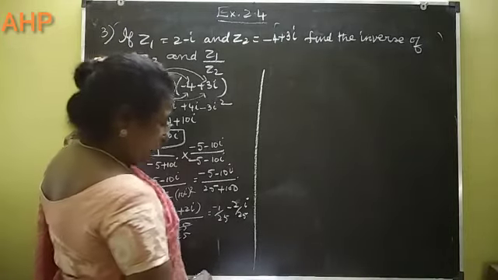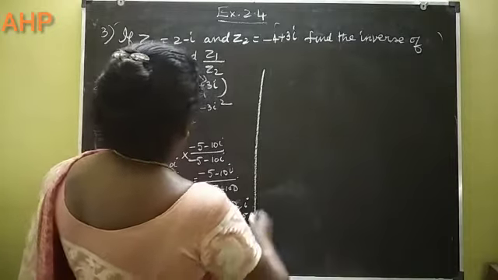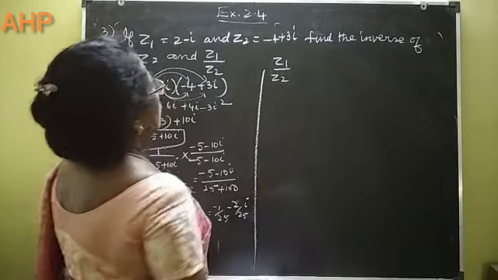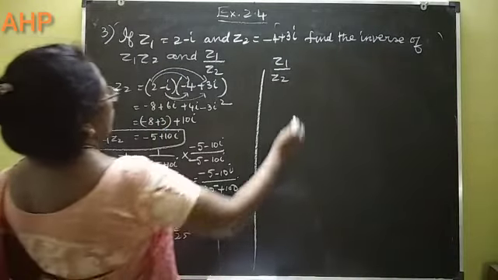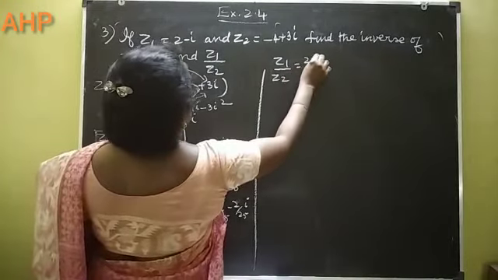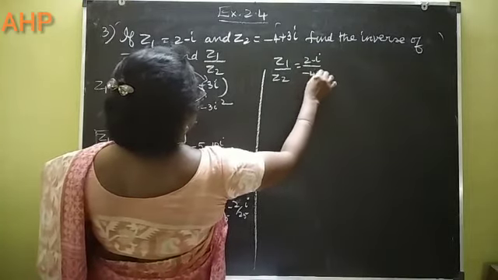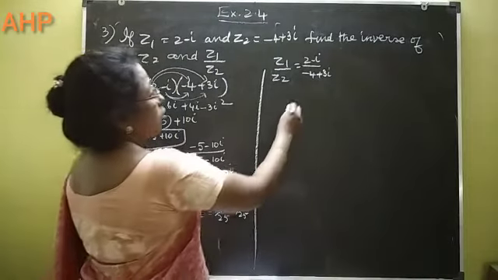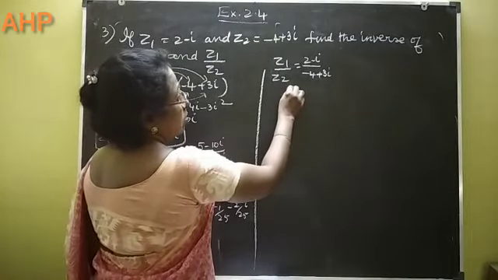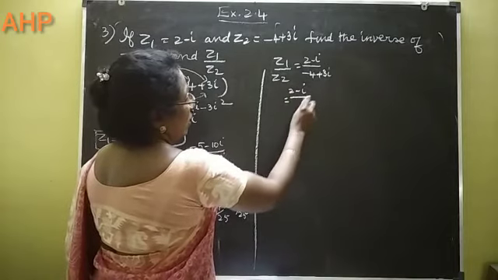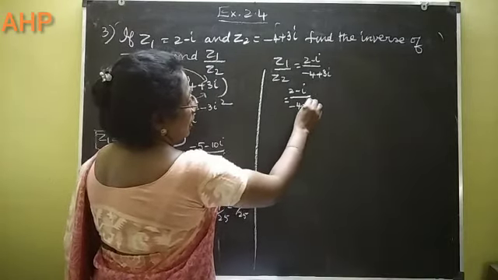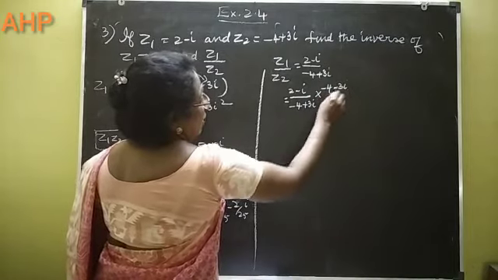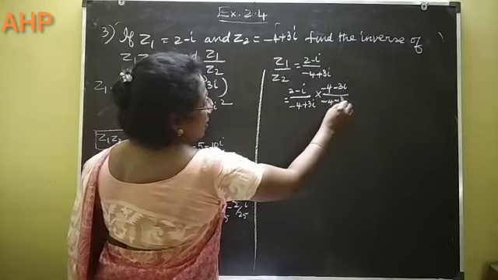Next we are supposed to find the value of z1 divided by z2. So z1 divided by z2 is equal to 2 minus i by minus 4 plus 3i. Again, to rationalize the denominator, we need to multiply by its conjugate. So this is going to be 2 minus i divided by minus 4 plus 3i into minus 4 minus 3i divided by minus 4 minus 3i.